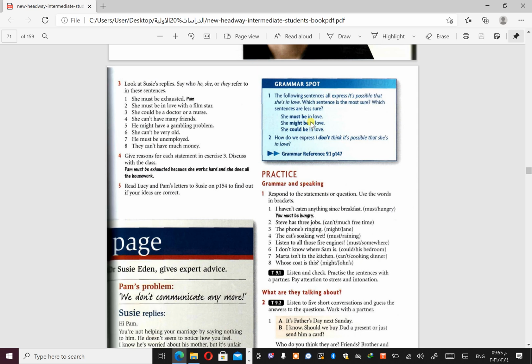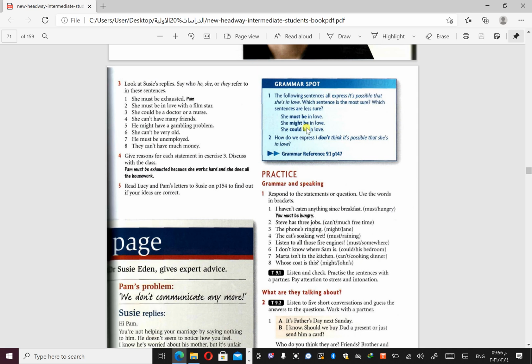So here must be should be like 100% possible. For example, "she is in love." If I want to show this is a possibility, I can say "she must be in love," that means 100% possible to happen, ممكن حدوثها 100%. Or if I say "she might be in love," it doesn't give us that strong sense, ما تعطينا ذيك القوة. Or "she could be in love."